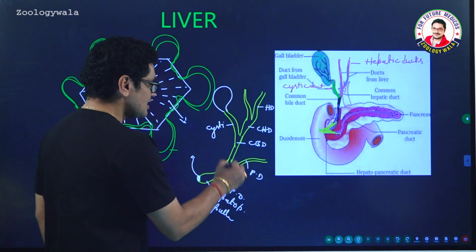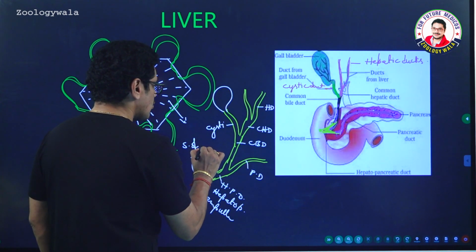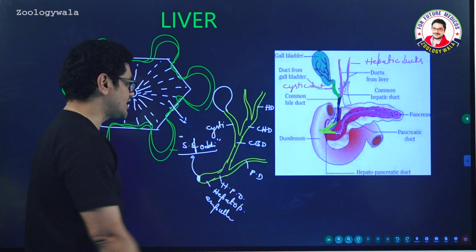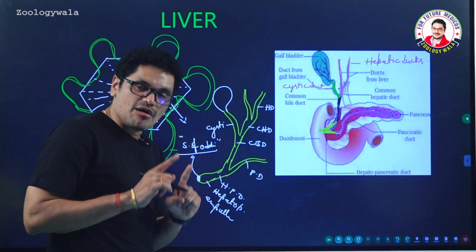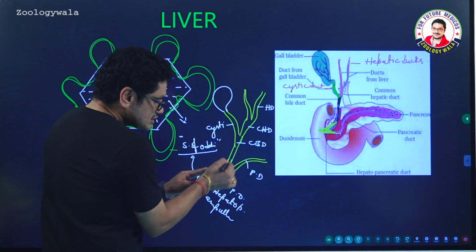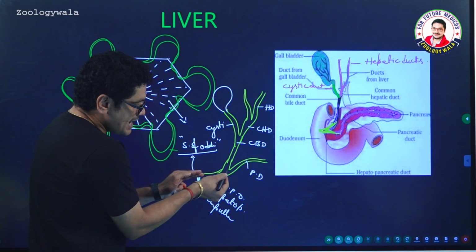And here there will be a sphincter present. What is that sphincter? The common sphincter, that is the sphincter of Oddi, sphincter of Oddi. The sphincter of Oddi is the common sphincter for the common bile duct and pancreatic duct combined to form hepatopancreatic duct.